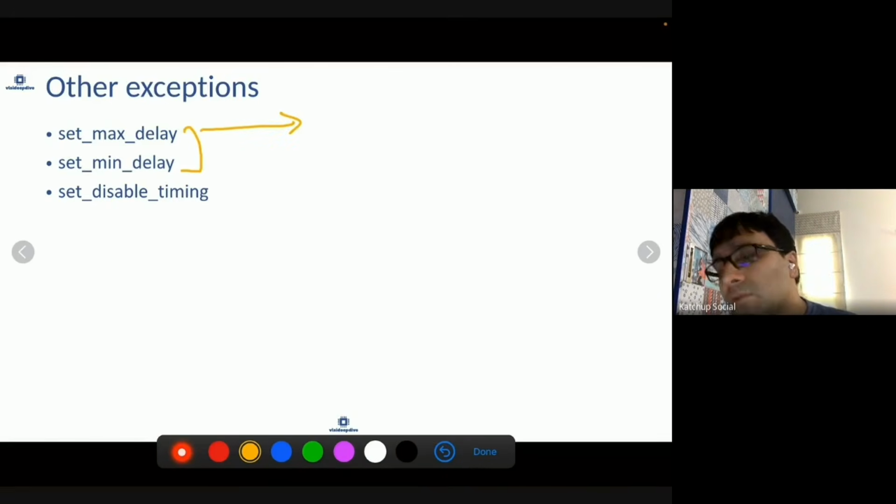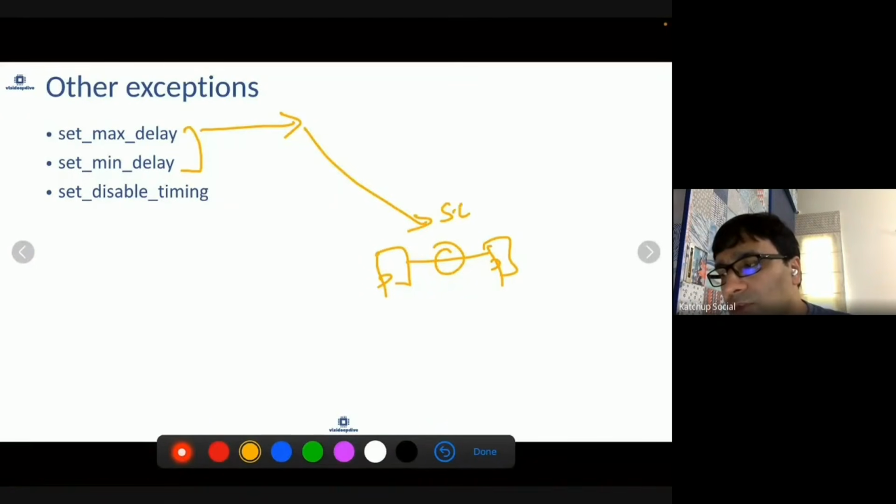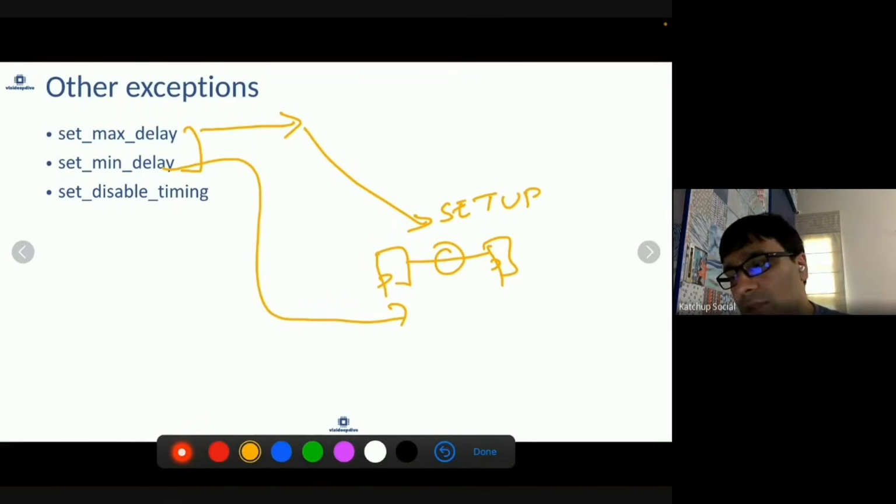Set max delay sets a maximum delay value on a path. So basically what you're saying is, this is the maximum delay which can be there, which is kind of doing a setup check with this particular delay value. And this is the minimum delay which can be there, which is kind of doing a hold check with this delay value. You specify that using the set max delay and set min delay commands.